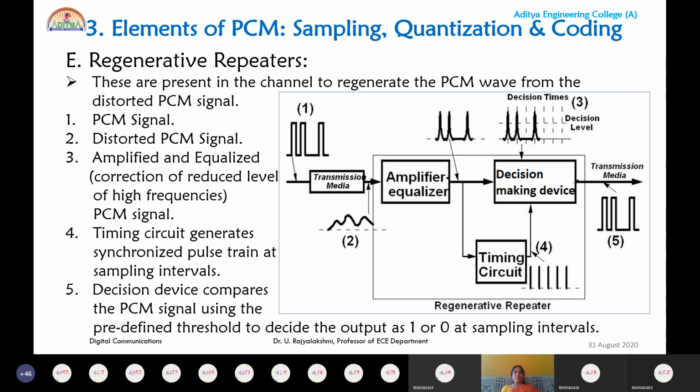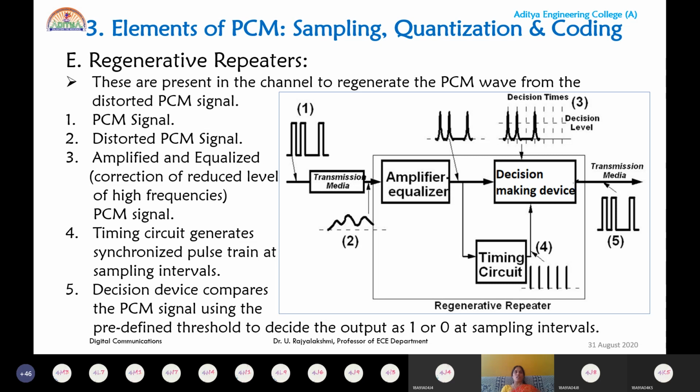Now you can observe at the first point, the PCM signal, that is the encoder output. Once it is applied to the channel media, the signal will get distorted. At the second position, you can see the distorted PCM.